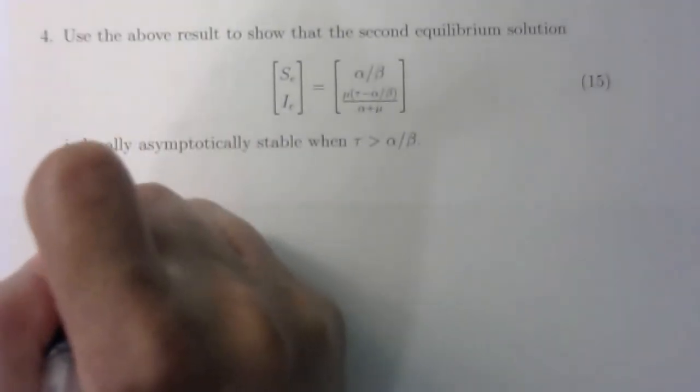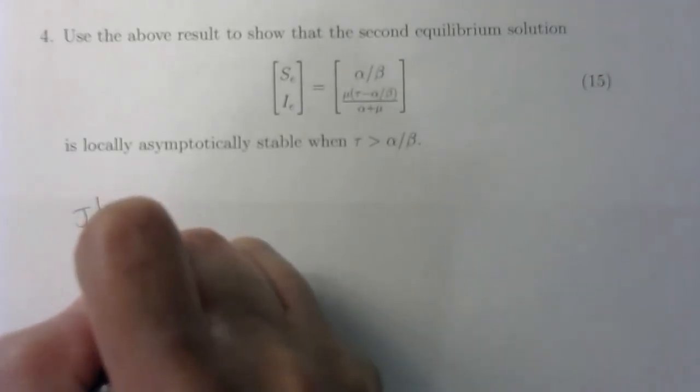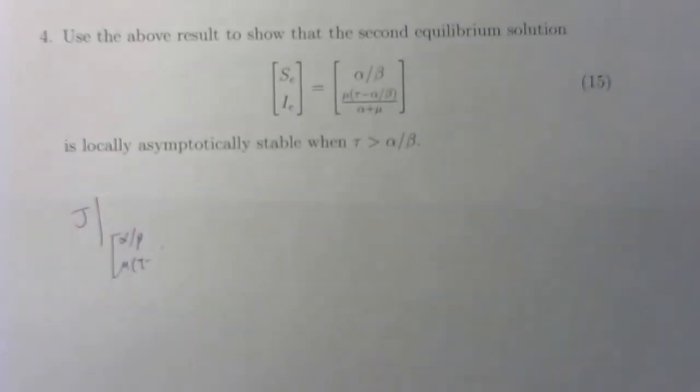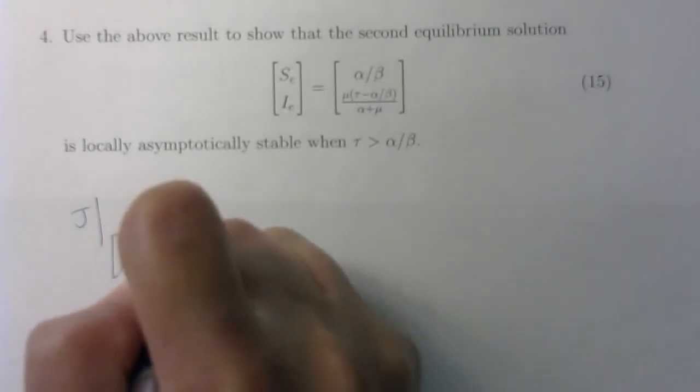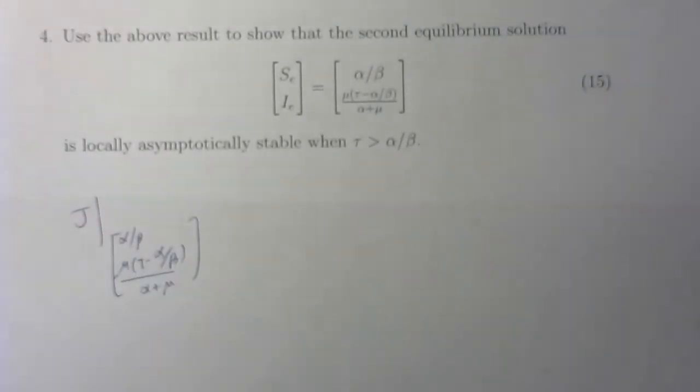Okay, so the Jacobian at alpha over beta, and then mu tau minus alpha over beta, alpha plus mu. So I'm going to plug these guys in.